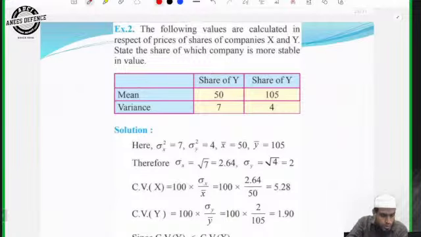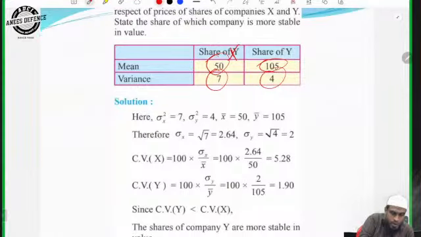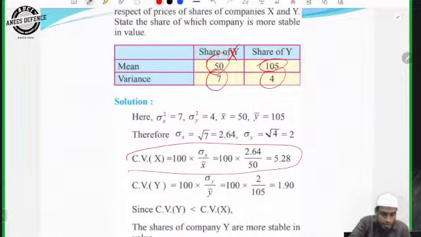So the mean of X is 50 and variance is 7, and the mean of company Y is 105 and variance is 4. To take the value of coefficient of variance, it is 100 into sigma x by x bar.